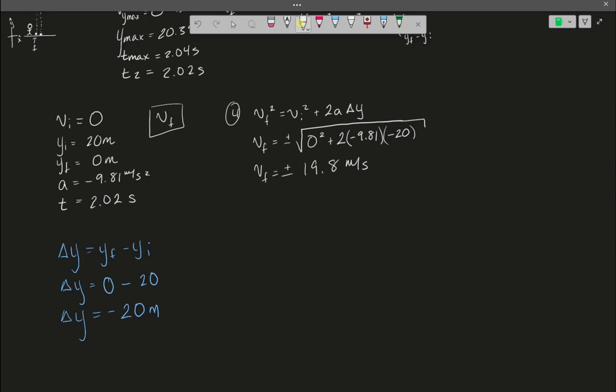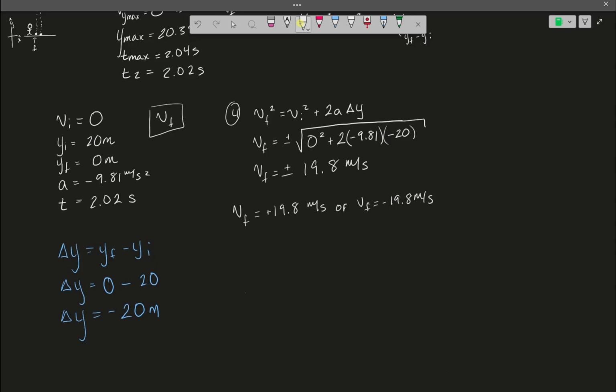So now we have to make a decision. Is our final velocity positive 19.8 meters per second, or is our final velocity negative 19.8 meters per second? In order to determine this, it's not as easy as it was with time, right? With time, we know that time is always going to be positive because we can't have negative time.